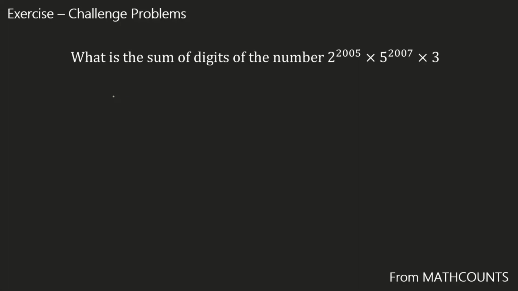So we start out with 2 raised to the power of 2005, and then multiply by 5 raised to the power of 2007. This is the same as 5 raised to the power of 2005 plus 2, and then multiply by 3.